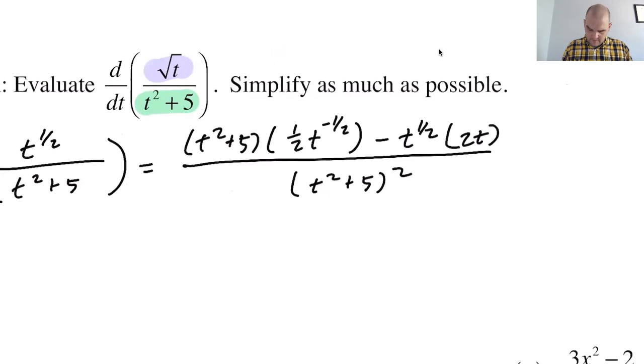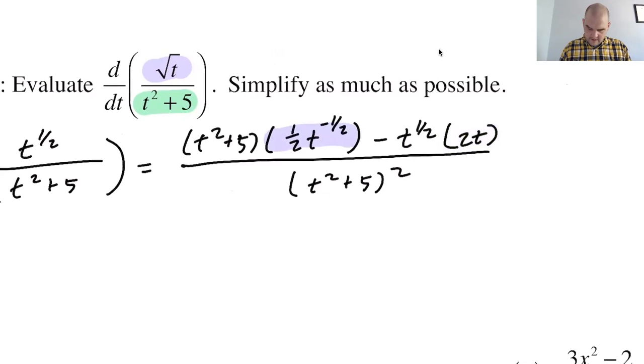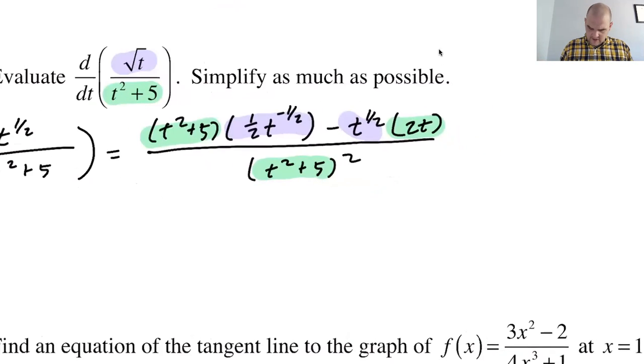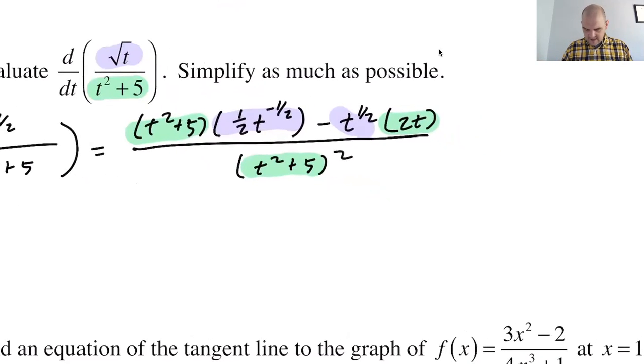Bottom derivative of the top minus top derivative of the bottom, all over the bottom squared. So let's simplify as much as possible.